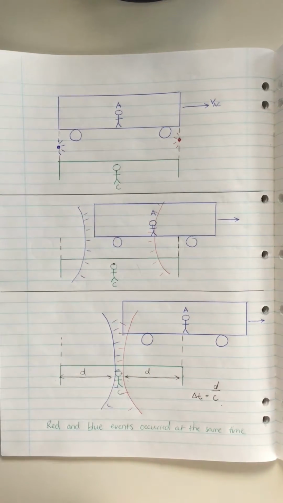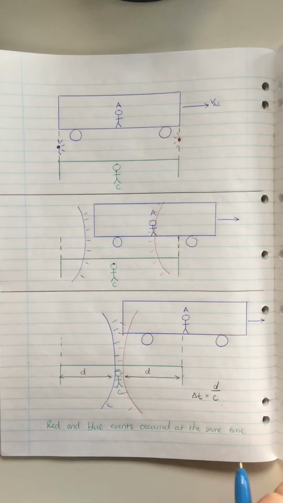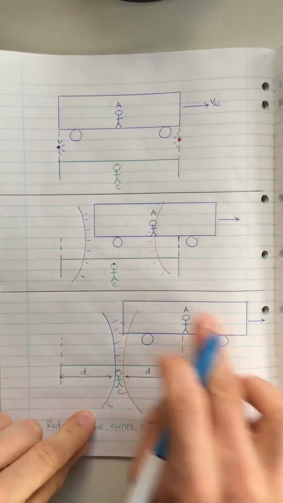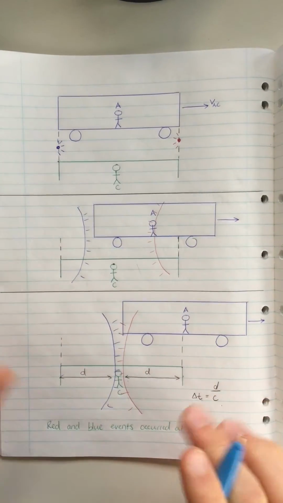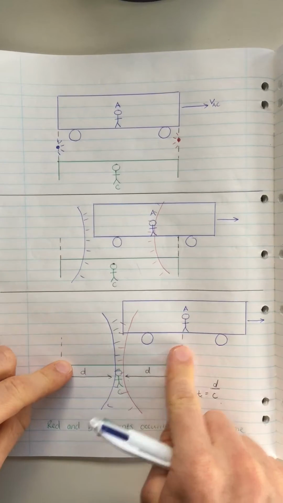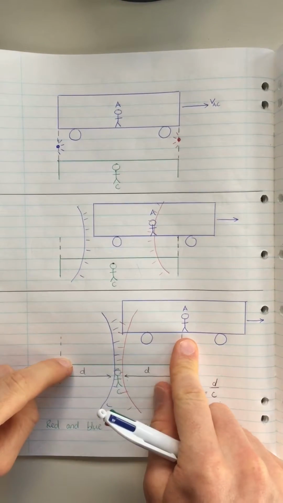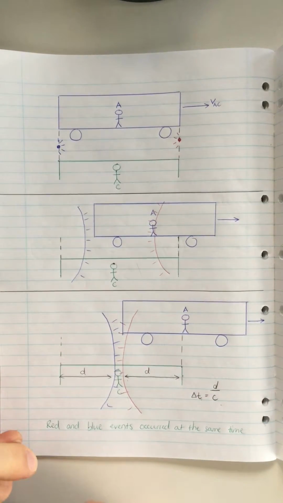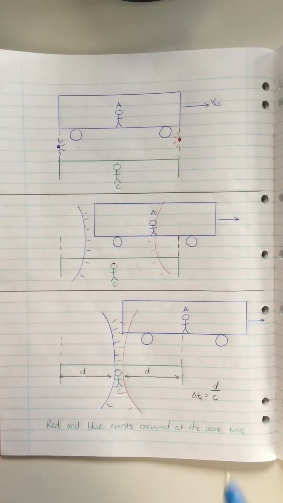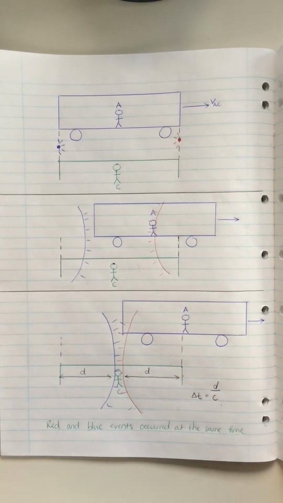So I think that that is simple enough. Here's where it gets a little bit complicated. Let's go back to this position. Sorry, before we go back to here, notice as well that at this point, for person A, they've seen the red flash, they've not yet seen the blue flash. So person A has said that the red flash reached them before the blue flash, and they haven't even seen the blue flash yet.